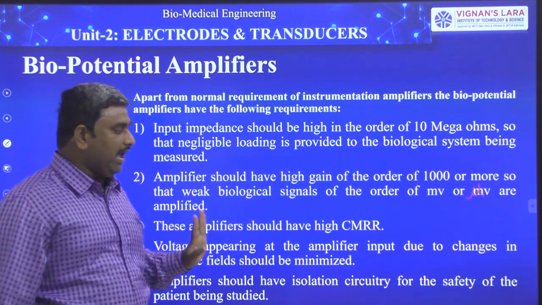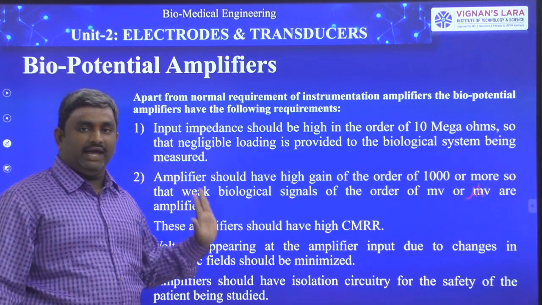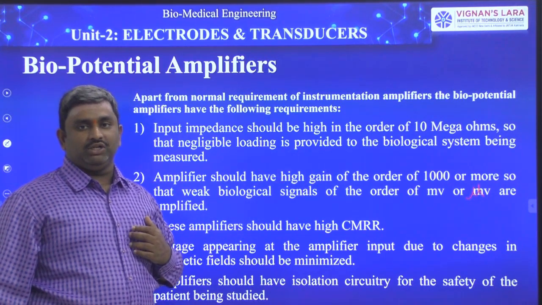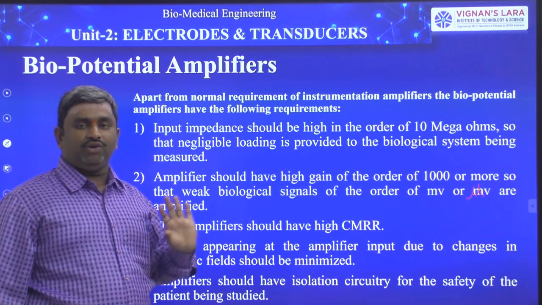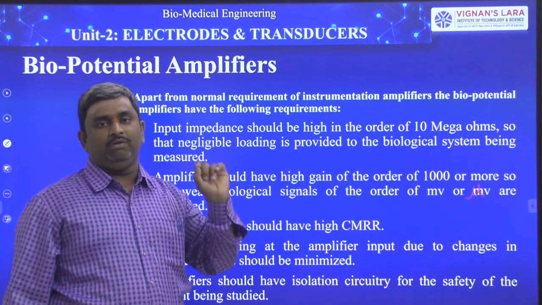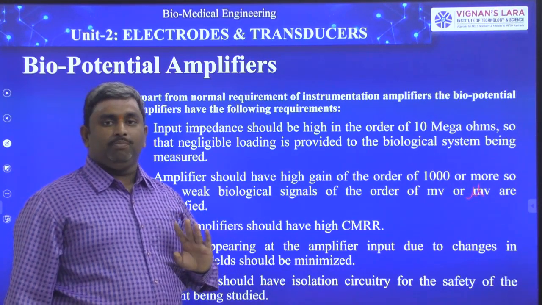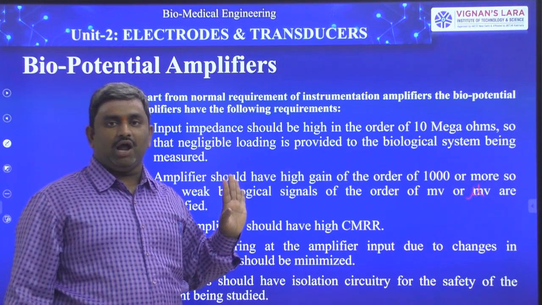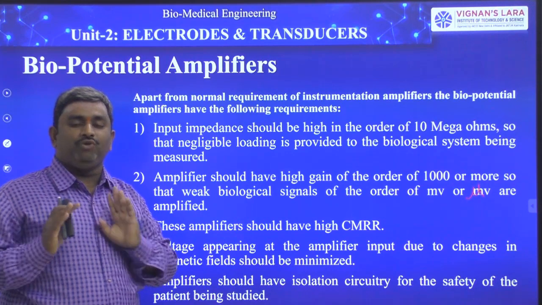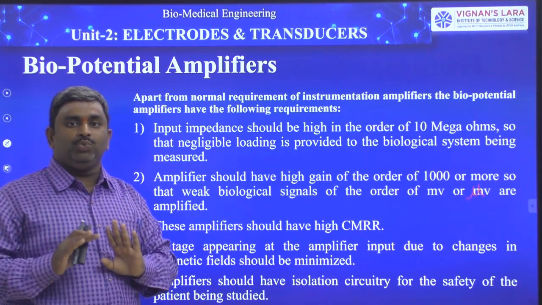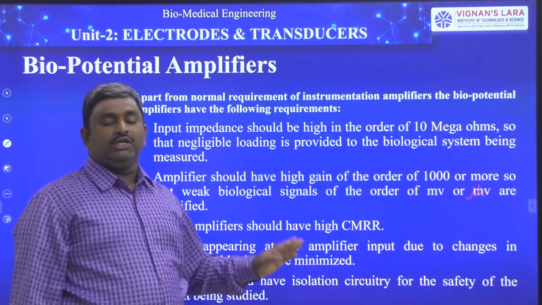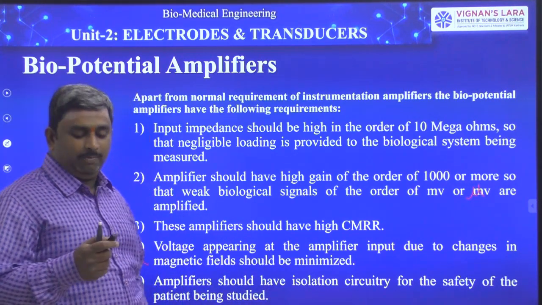So it allows signal in only one direction. From the patient we can take biological signals. From the equipment to the patient we can give the minimum voltage to identify different measurements. More than that, other signals are not allowed, as they would be harmful to the patient. Whatever harmful electrical currents are available will not enter the patient's body because of this isolation circuit. The isolation circuitry is very important.